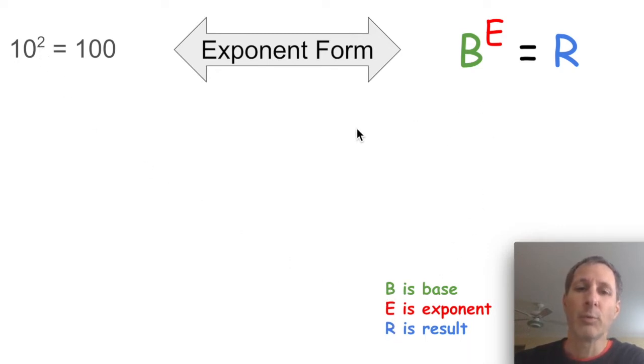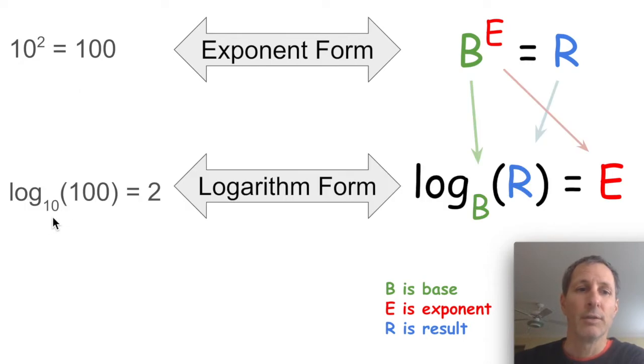Now, if we want to rewrite this, we could rewrite exactly the same thing in logarithmic form. It would look like this: log base 10 of 100 is equal to 2. In this case, this 10 is the base. You see how this is the base? That's the number that we're raising to some power.